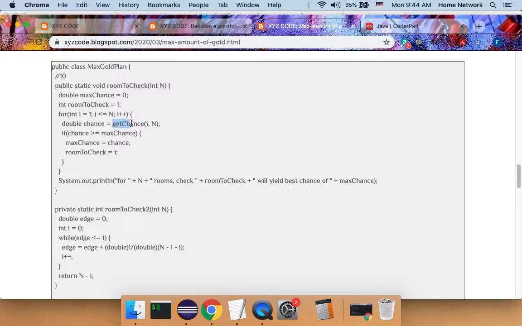Each time we calculate the chance of getting the maximum, and after we check all the values from 1 to n, we will find the global maximum chance, and the rooms to check corresponding to the global maximum will be the optimum number of rooms to check.